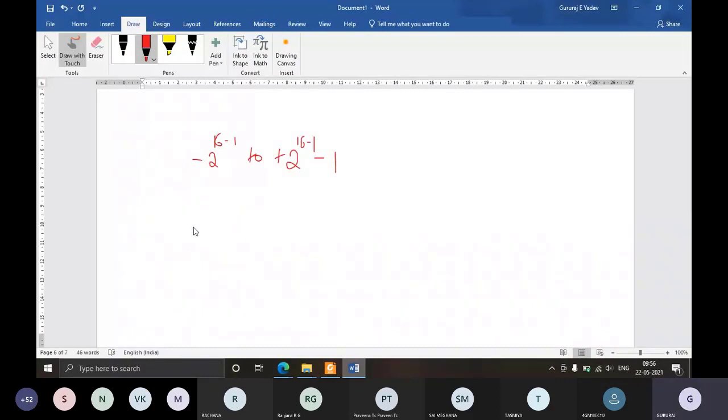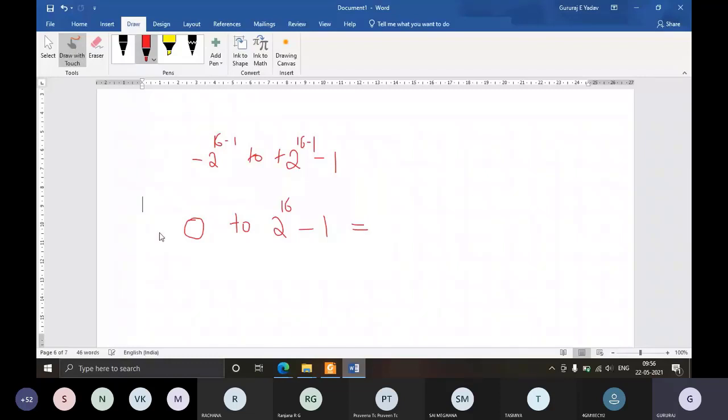Whenever it is unsigned representation, there are no negative values. So the minimum value that you can represent is 0. The maximum value that you can represent is 2 power 16 minus 1, since we are talking about 16 bits.